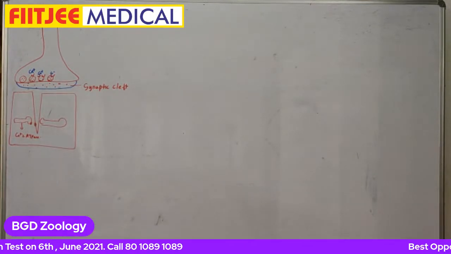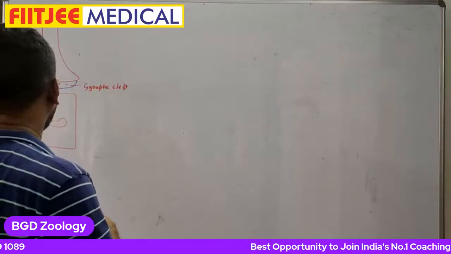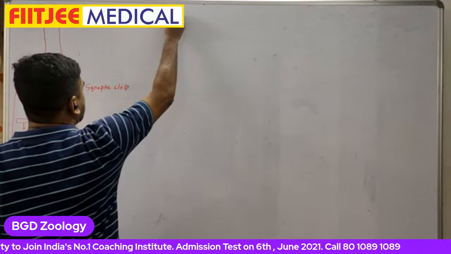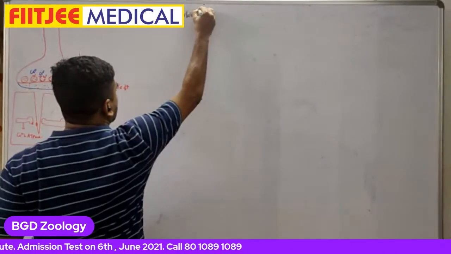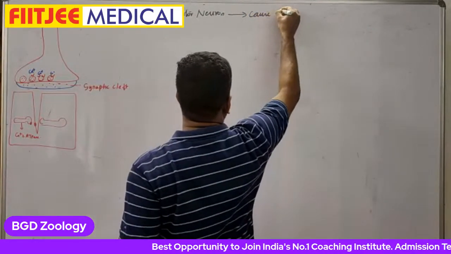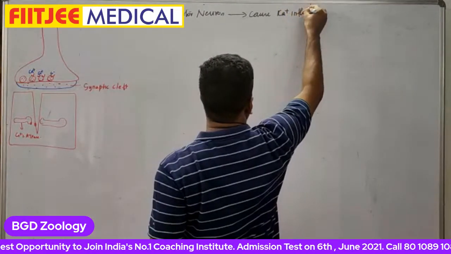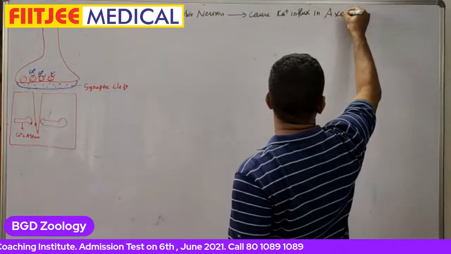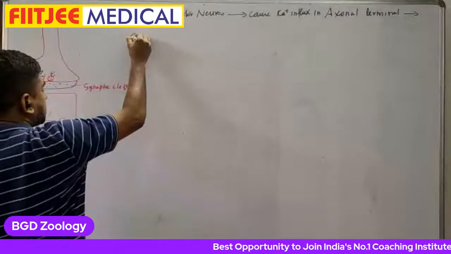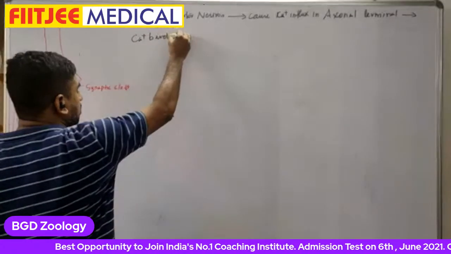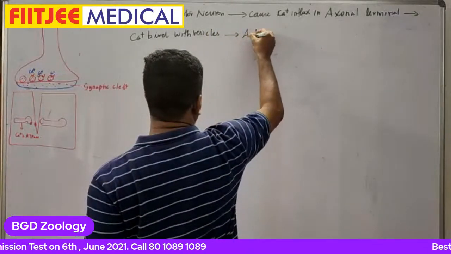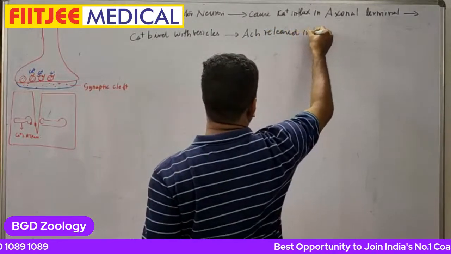All right. So I will just write down every point I said very clearly. Impulse from motor neuron causes calcium influx in axonal terminal, calcium binds with vesicles, acetylcholine released into synaptic cleft.